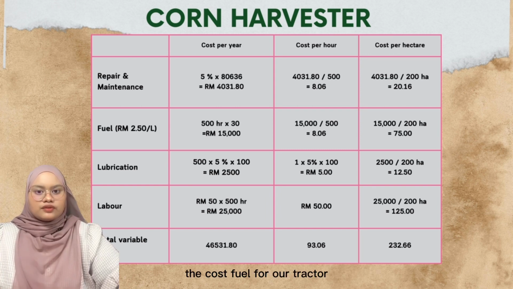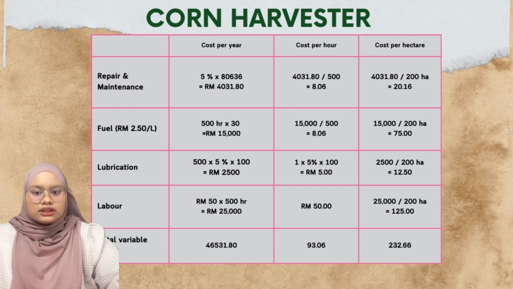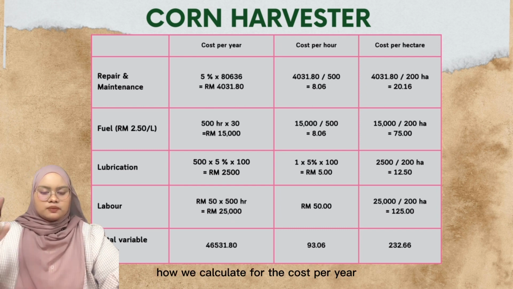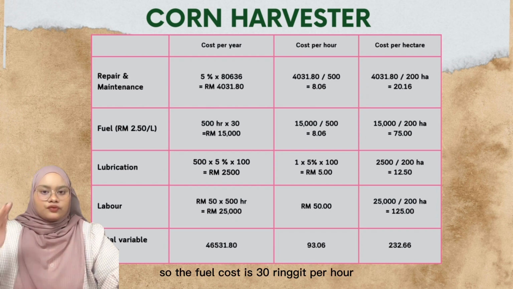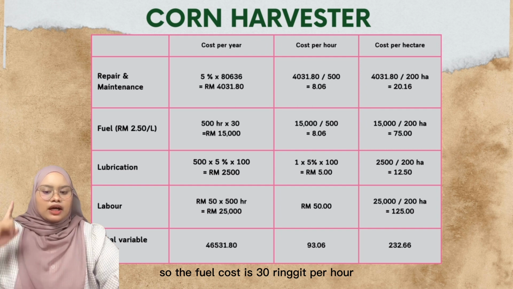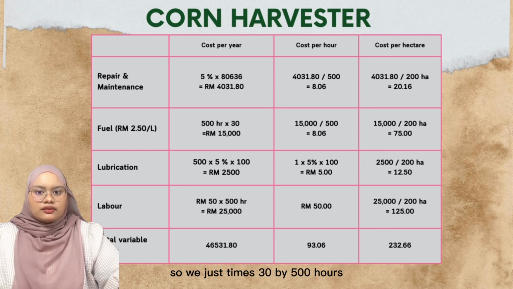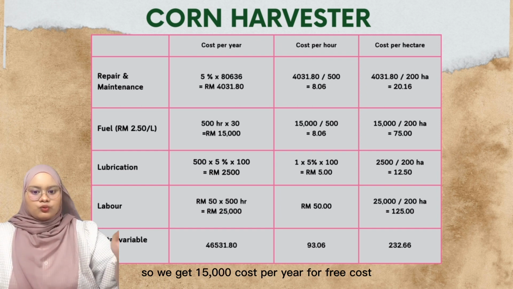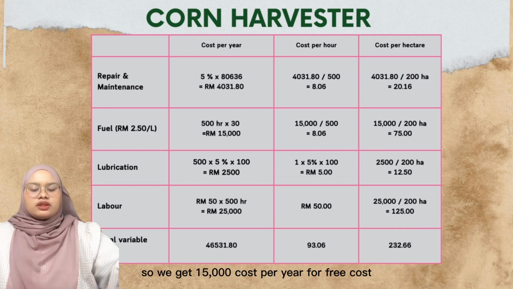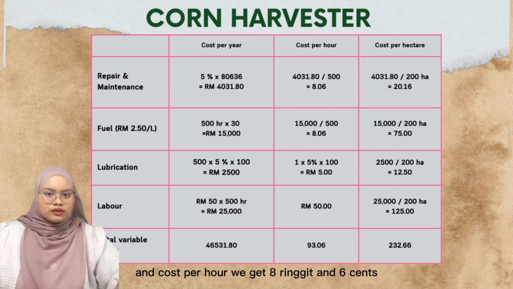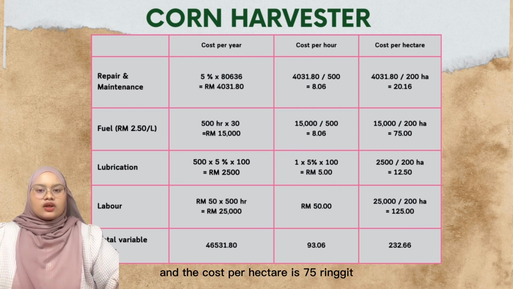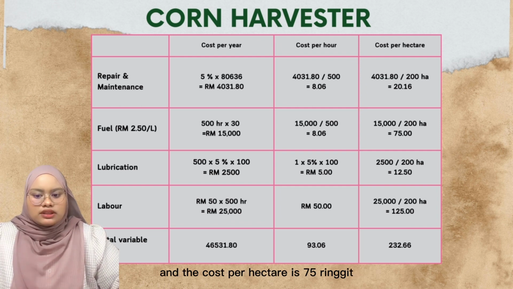The fuel cost for our tractor corn harvester, how do we calculate the cost per year? The fuel cost is RM30 per hour. So we just times 30 by 500 hours, so we get 15,000 cost per year for fuel, and cost per hour we get RM30, and the cost per hectare is RM75.